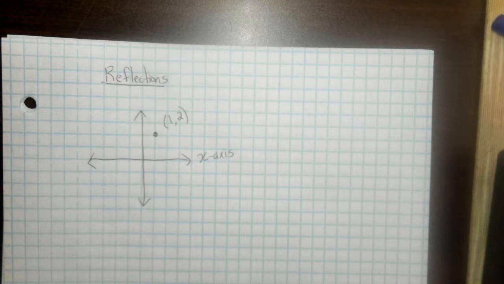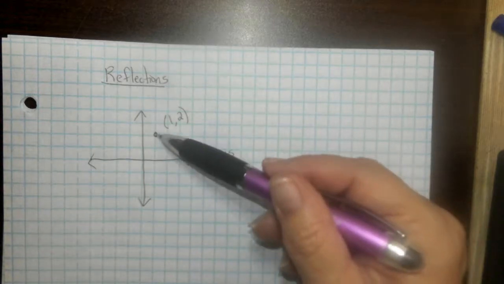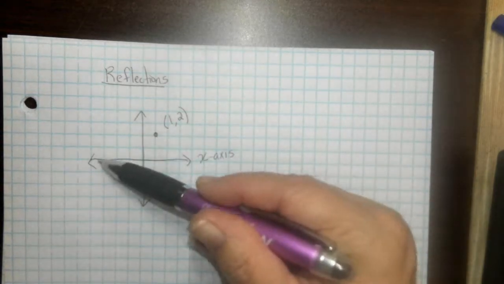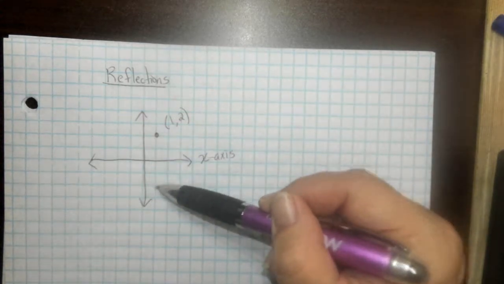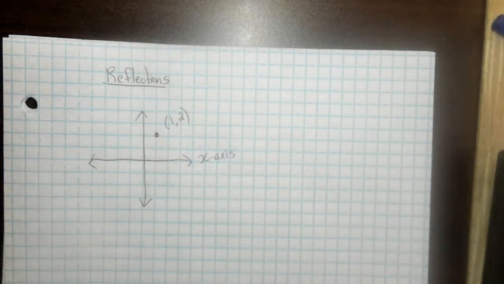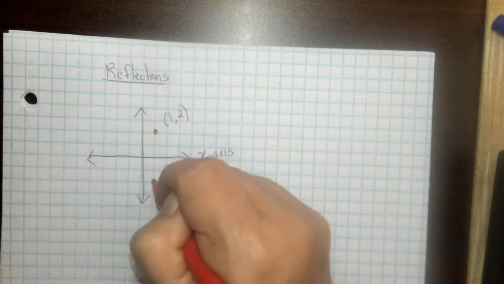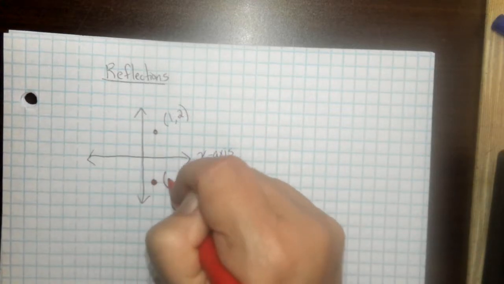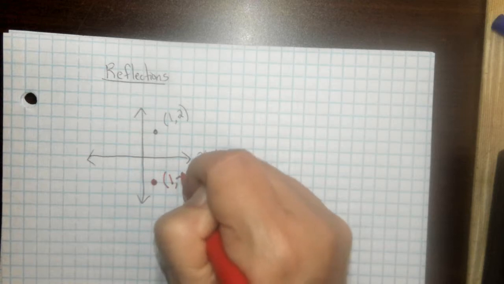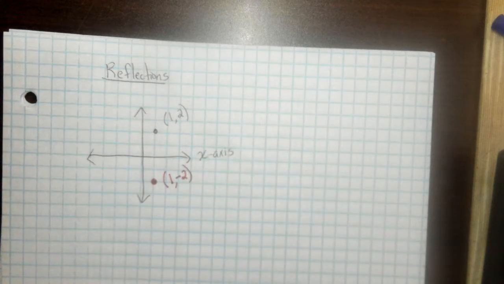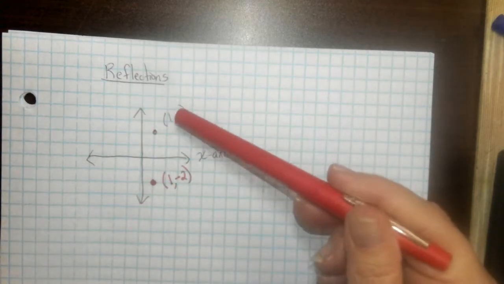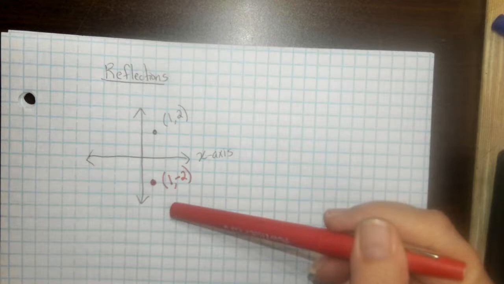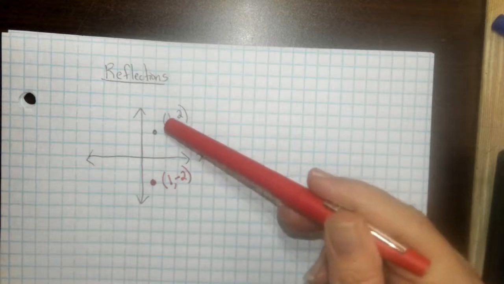So, reflect means to flip. So if I'm here at 1, 2, and this is my mirror line, and I flip over the x-axis, then I'm going to be here at 1, negative 2.